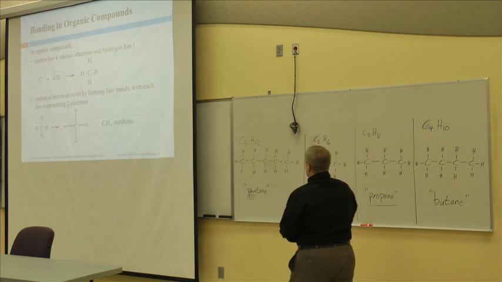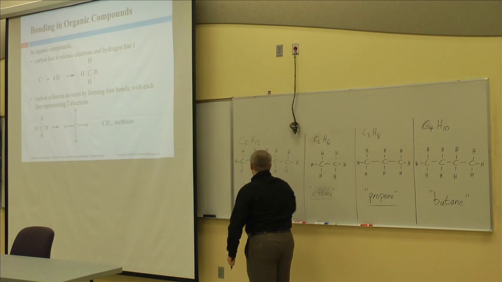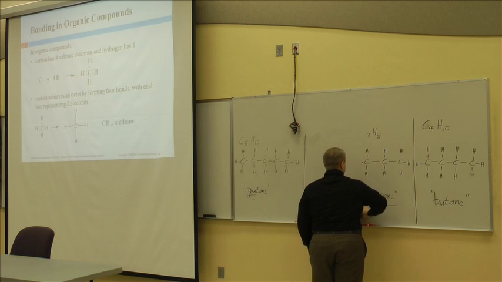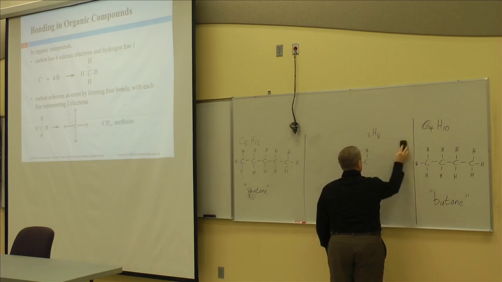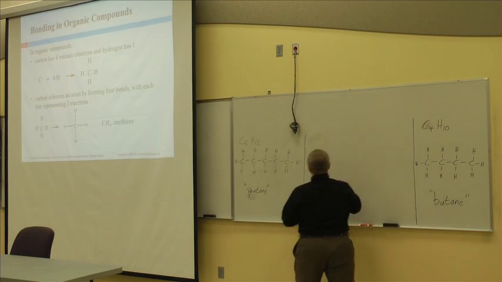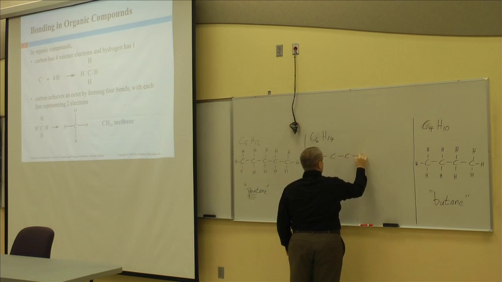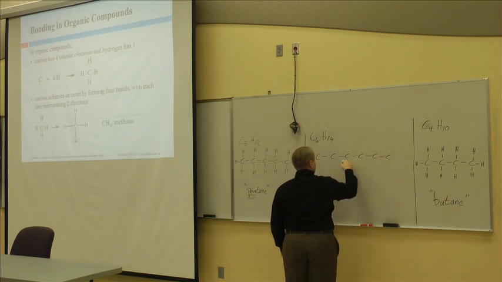All right, let's go to the next one. C6H14. And everyone's like, man, this is getting hard to draw. And you're right. Okay, here we go. C6H14. Carbon to carbon to carbon to carbon to carbon to carbon. 1, 2, 3, 4, 5, 6.